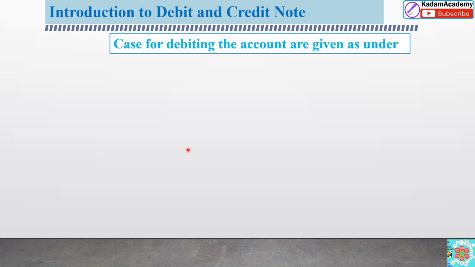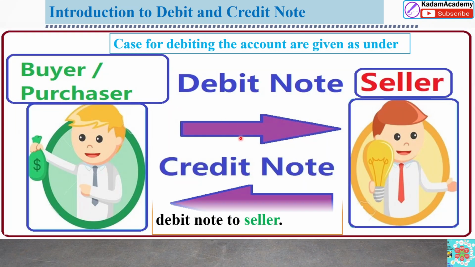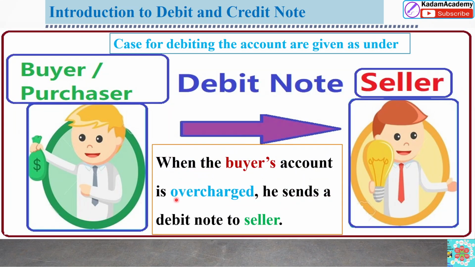Okay, so friends, one more case may be overcharge. When the buyer's account is overcharged, he sends a debit note to the seller. Suppose the cost is 100 rupees, but the seller has charged 110 rupees.